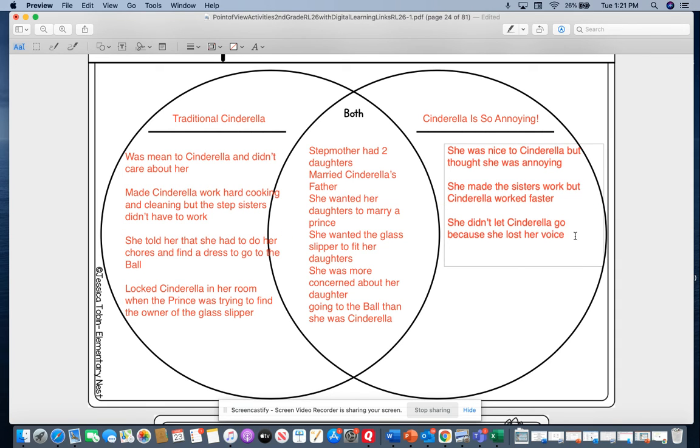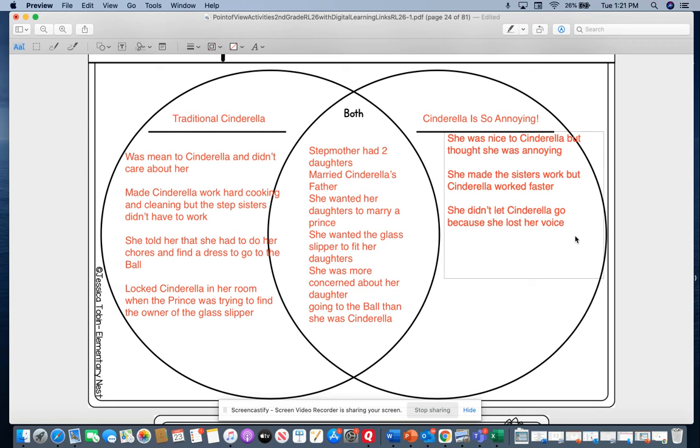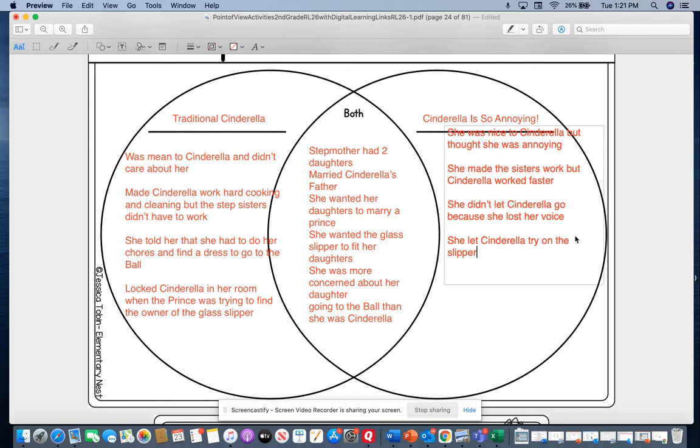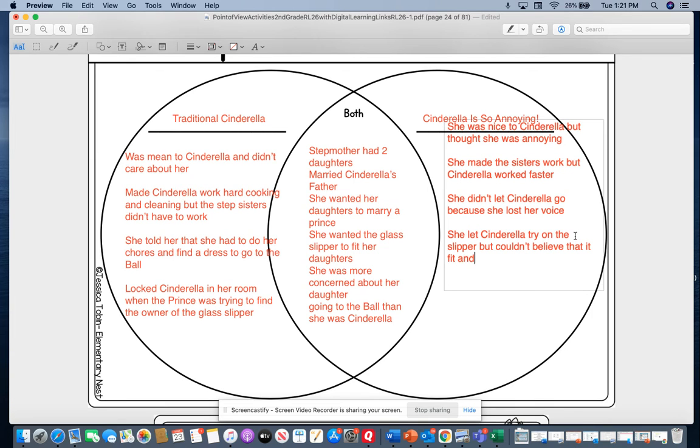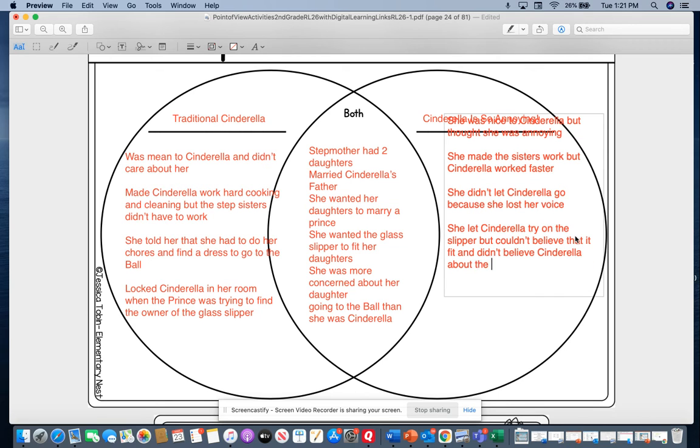But in Cinderella Is So Annoying, she let Cinderella try on the slipper, but couldn't believe that it fit and didn't believe Cinderella about the fairy godmother.